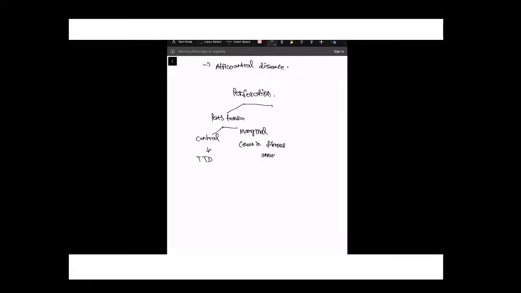If the perforation is present in the pars tensa, if it is central, it is tubo-tympanic disease, and if it is marginal, at the fibrous annulus, and in case of pars flaccida, it is attico-antral disease.